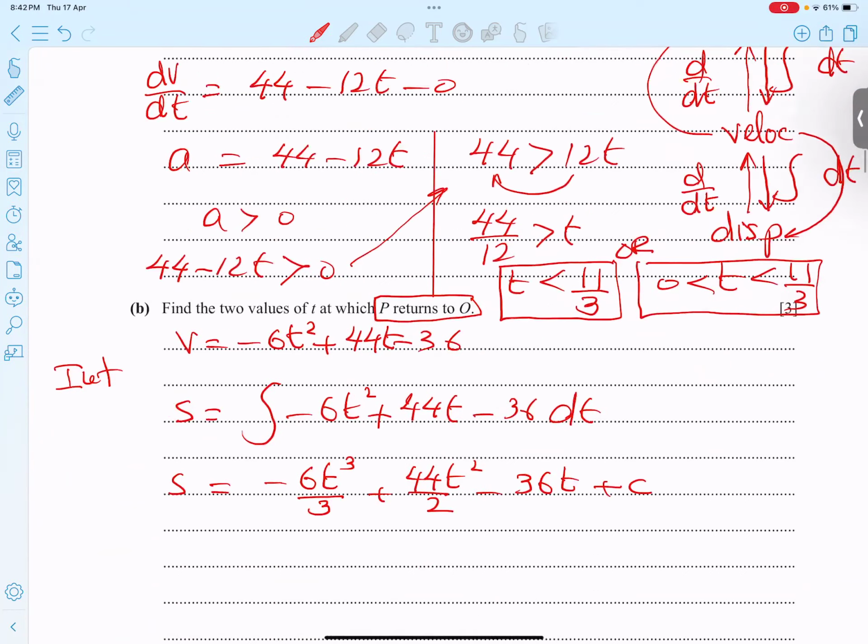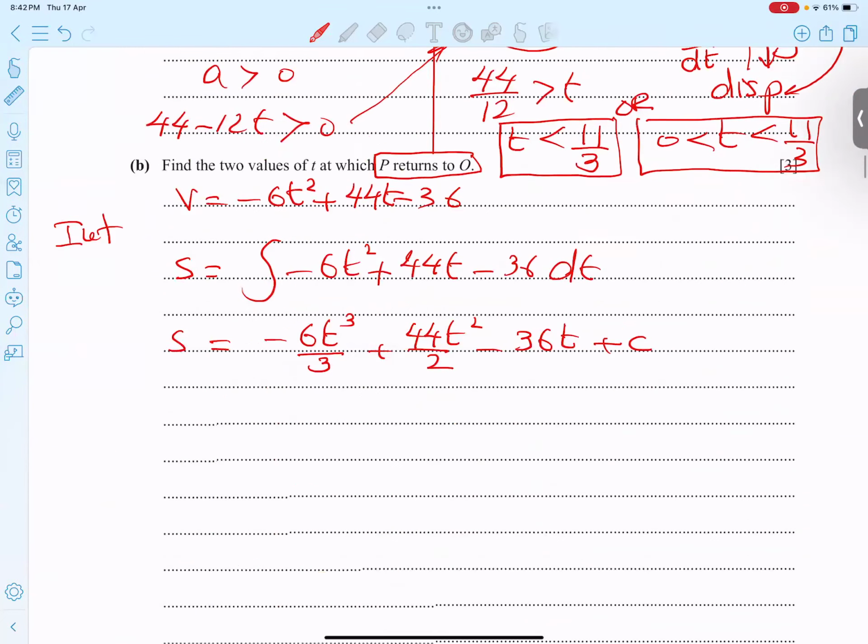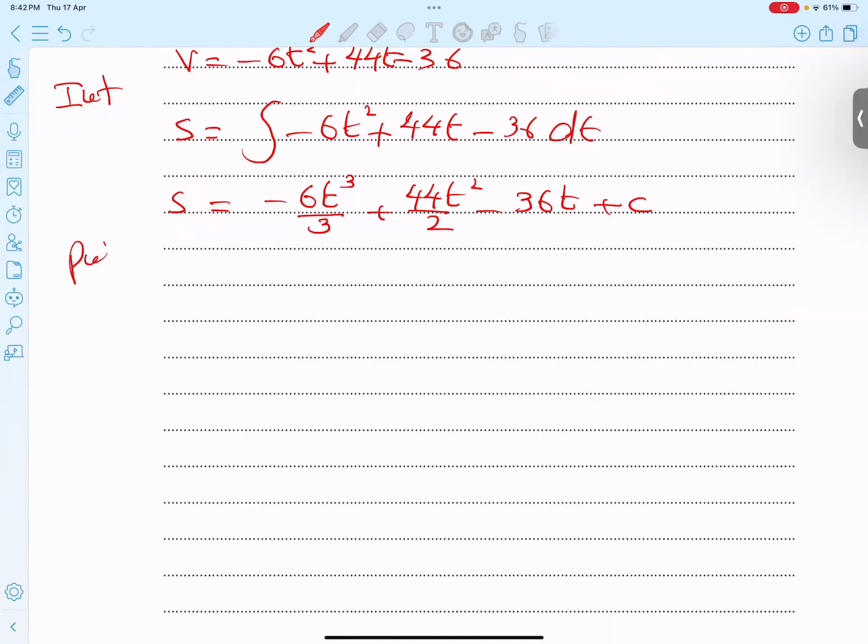And for your knowledge, it is starting from O, leaving O. It means when time is 0, its displacement is 0 because it has not covered any distance. So I'm putting here, when time is 0, s is 0.